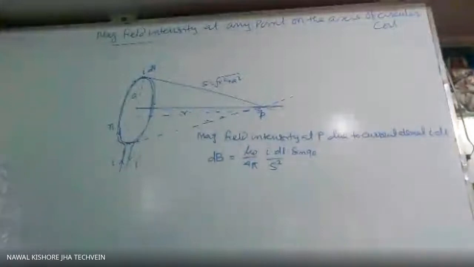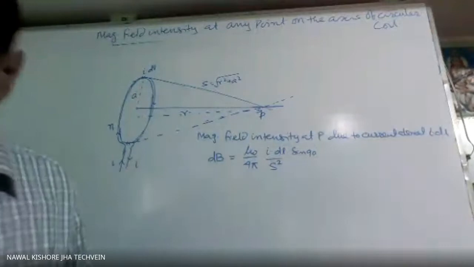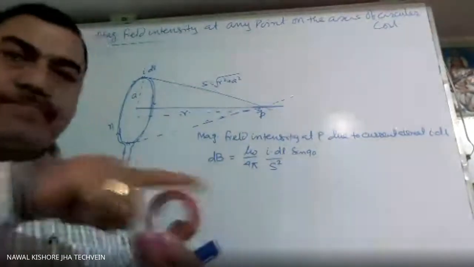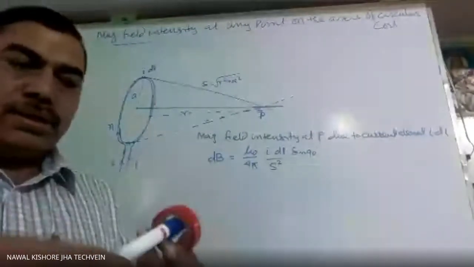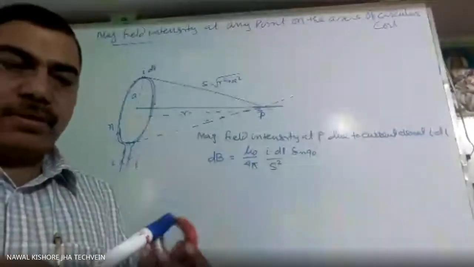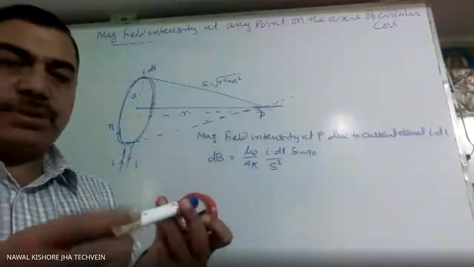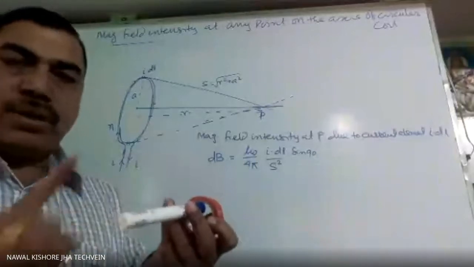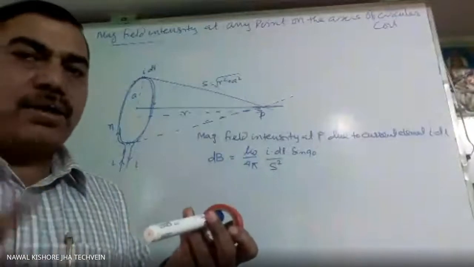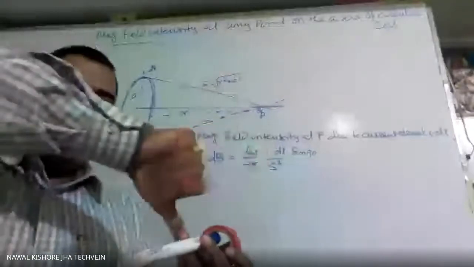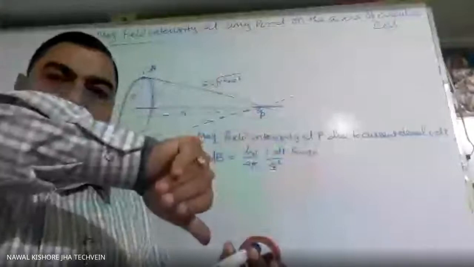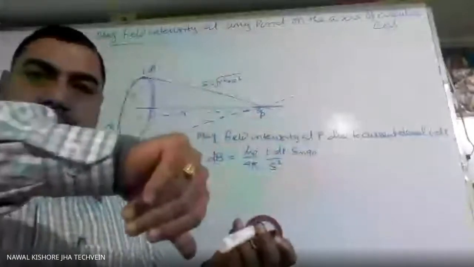Now, what is the direction of this field? Suppose this is the current and this is the position vector. So the direction is IDL cross S. IDL like this, cross S this way, so it is inward.